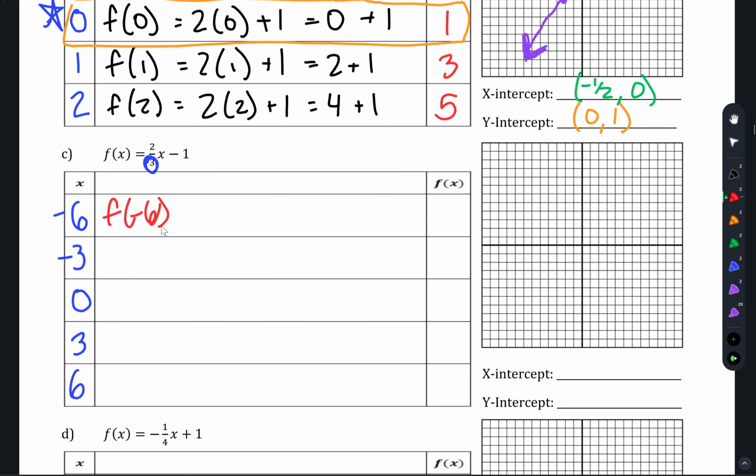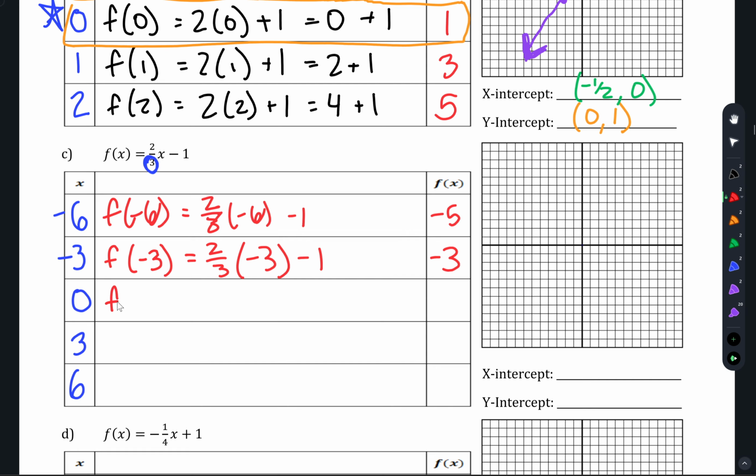f of -6 equals 2/3 times -6 minus 1. 2/3 times -6 is -4, minus 1. That's -5. I'm going fast here, sorry. 2/3 times -3 is -2, minus 1 is -3. 2/3 times 0 is 0, minus 1.